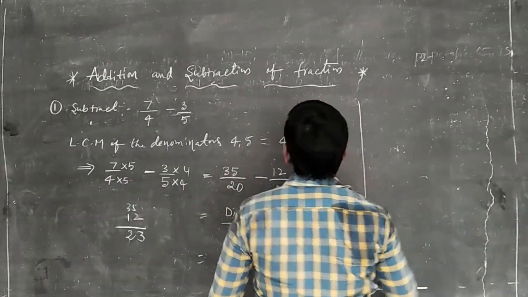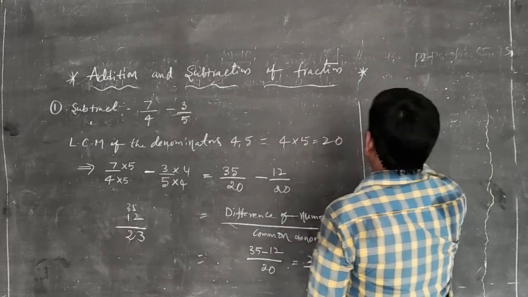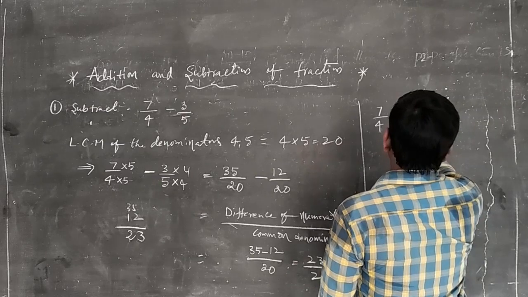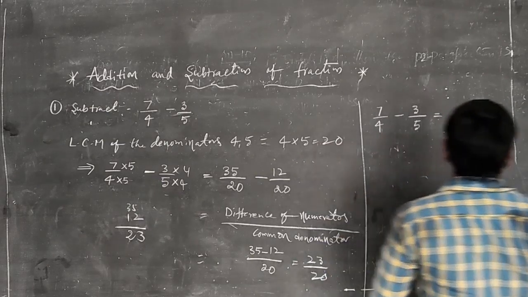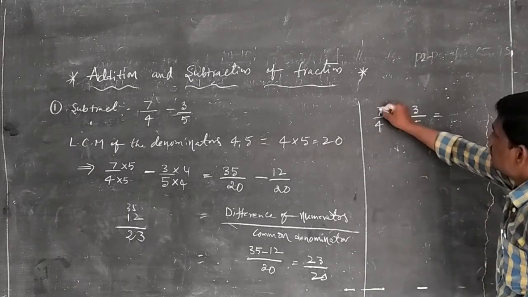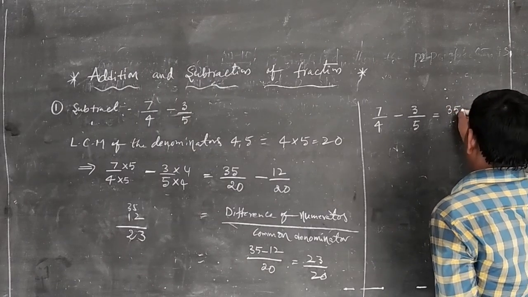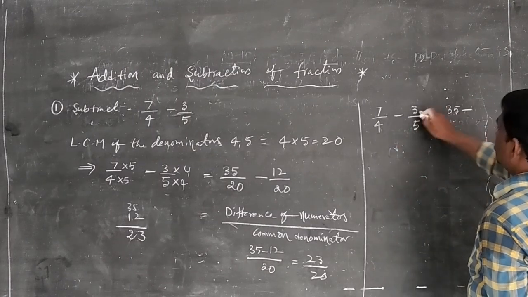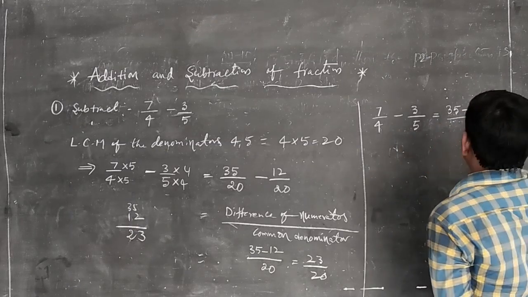Shortcut method. 7 by 4 minus 3 by 5. You know that: 7 into 5 minus 4 into 3 by 4 into 5.